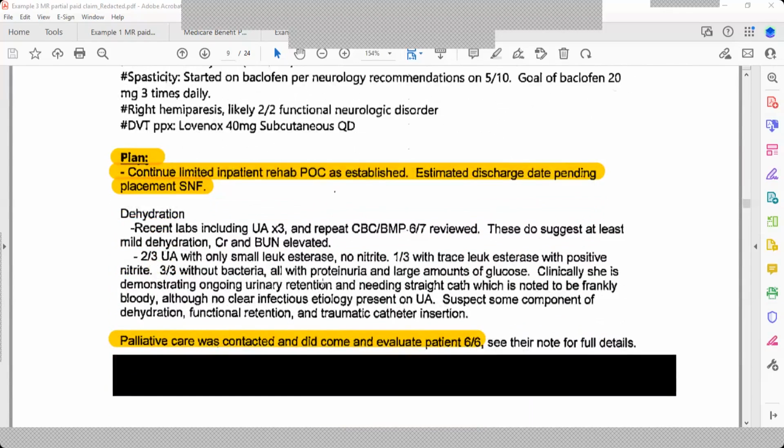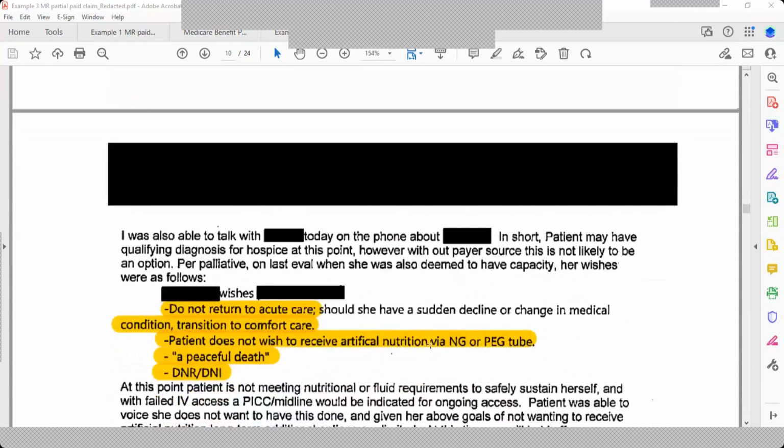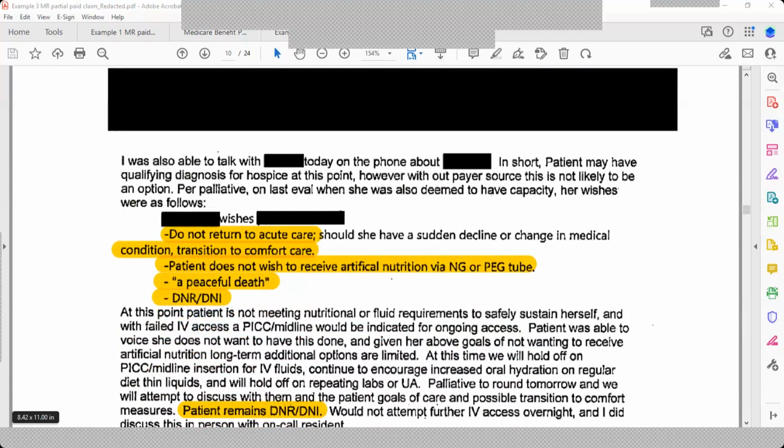The note also states that palliative care evaluated the patient on June 6, 2022. The patient's wishes per palliative care were not to return to acute care, transition to comfort care if sudden decline or change of medical status occurs, no artificial nutrition, a peaceful death, and do not resuscitate, do not intubate.